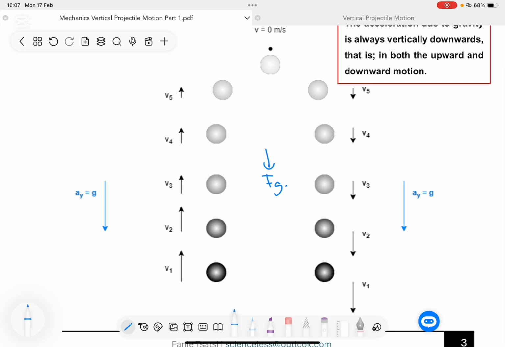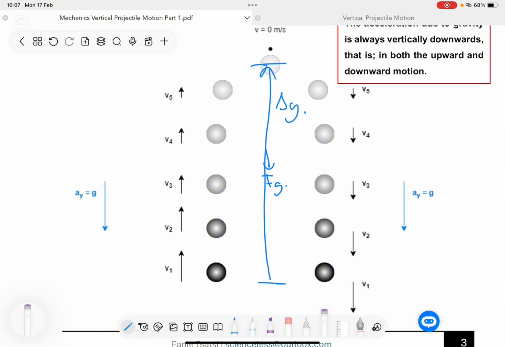And of course, this would mean that from here to that point, it will have some form of maximum displacement, or sometimes you can say height if you're only looking at the magnitude of this length. But if you want to consider direction, we have maximum displacement, because it has been displaced from here to here upwards.